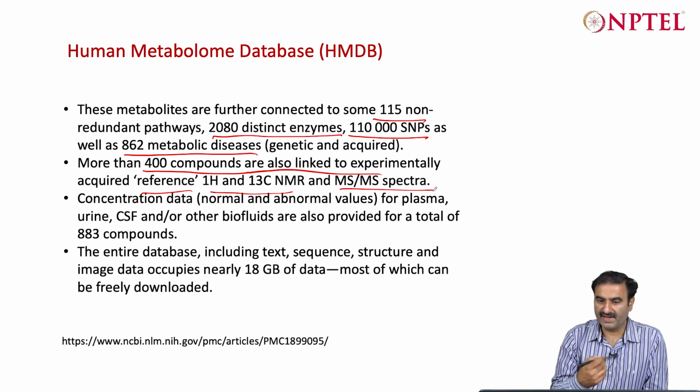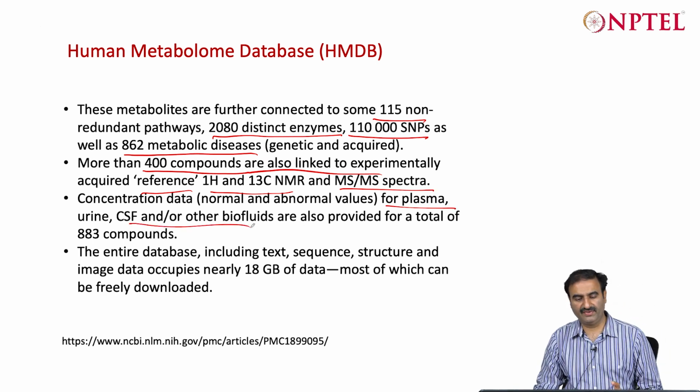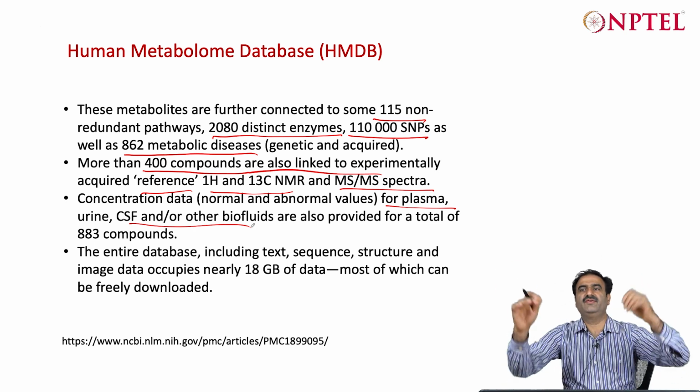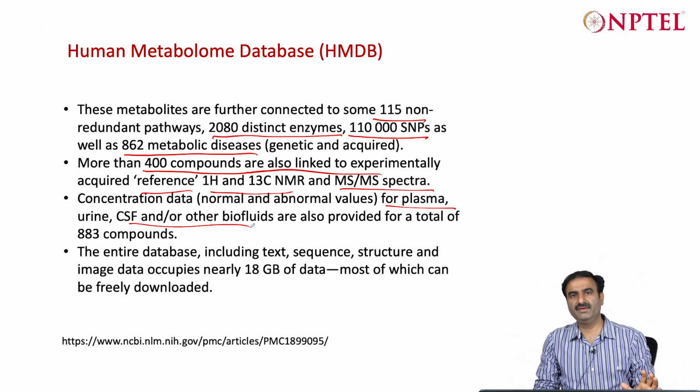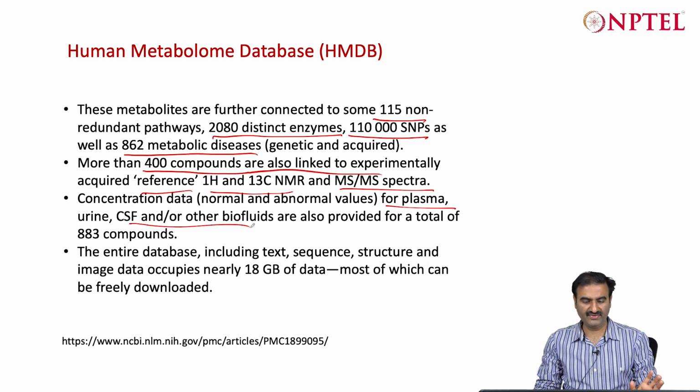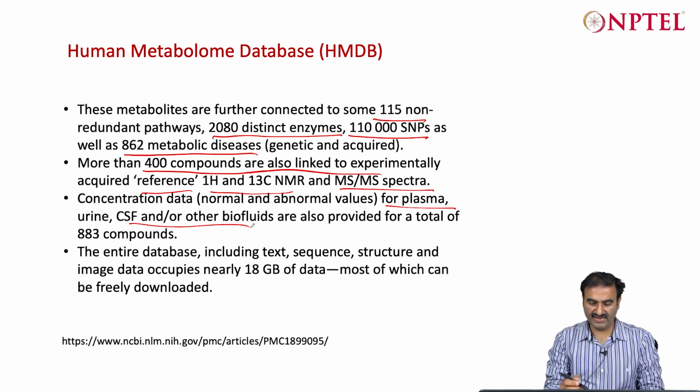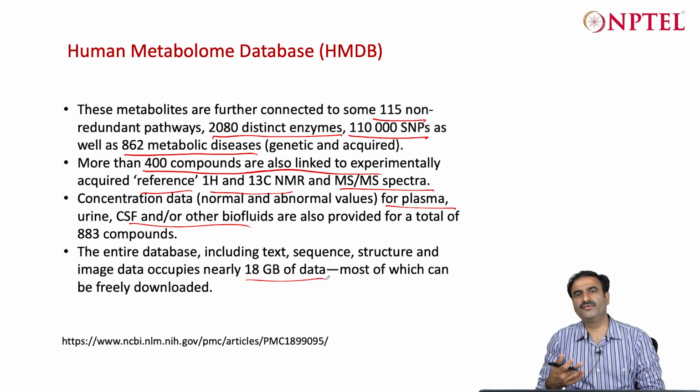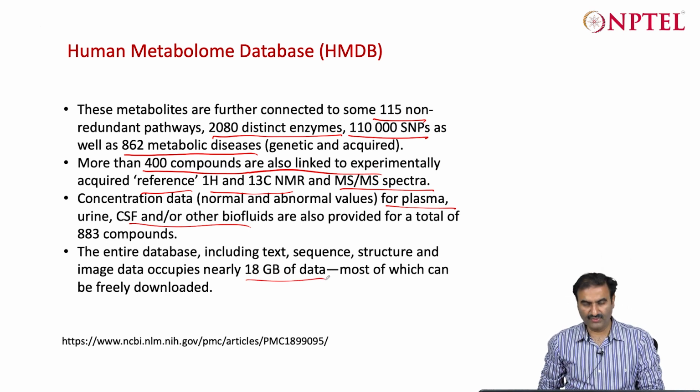Then there are comparative studies with various healthy and diseased tissues, urine, and other biofluids. So it's a very exhaustive resource of the metabolites that have been extracted from the human body sites, and it's very comprehensive data which you can also download for your analysis and also use online.